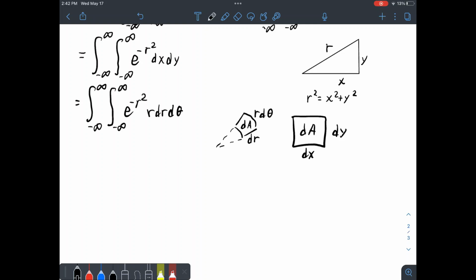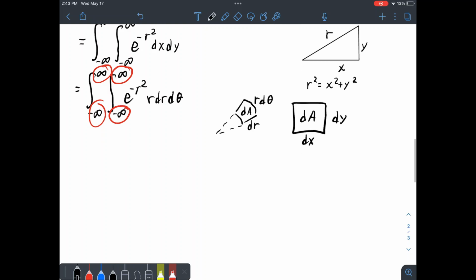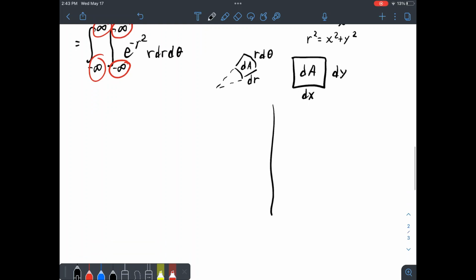But there's something incorrect about this integral still, and it lies right here. Before, we were integrating over the straight lines, the x-axis and the y-axis, over the entire real xy plane. Now we're integrating inside of a polar coordinate space. So let's draw the xy plane for a second.